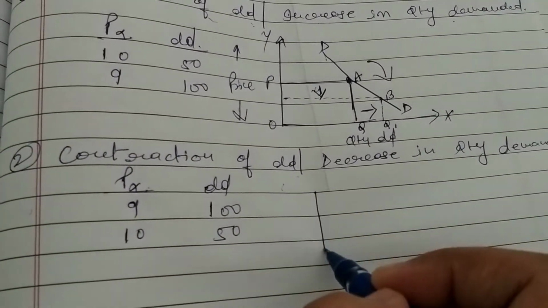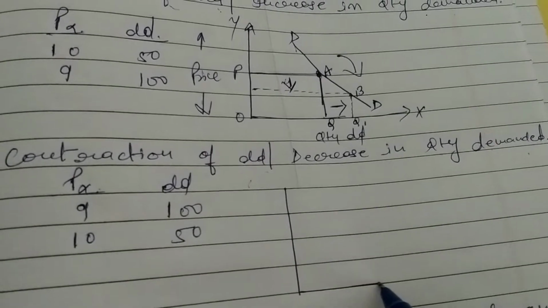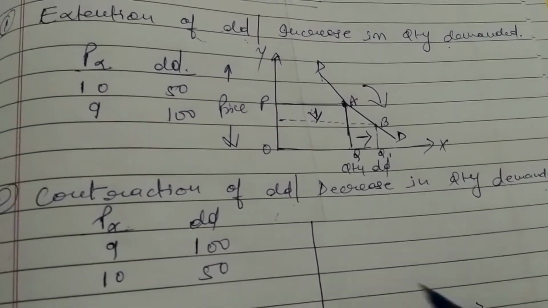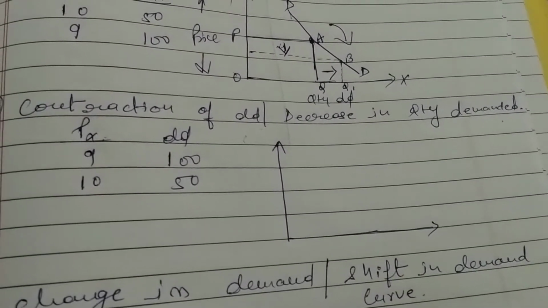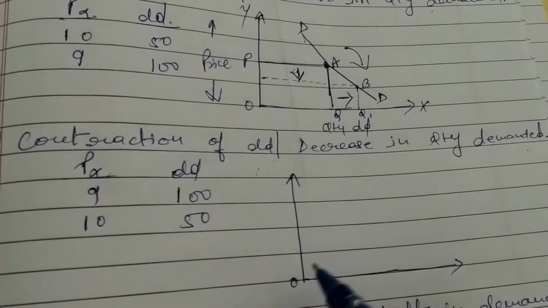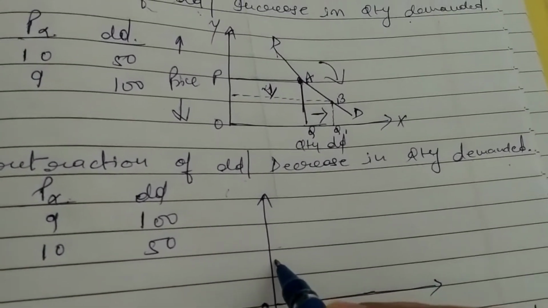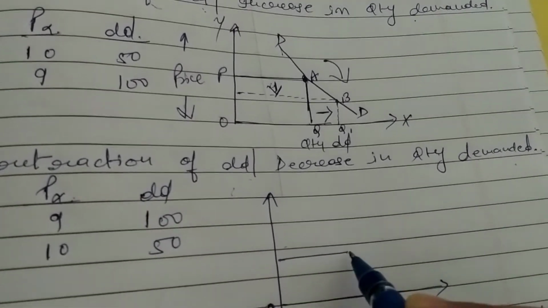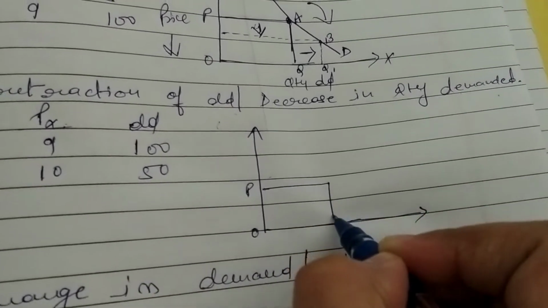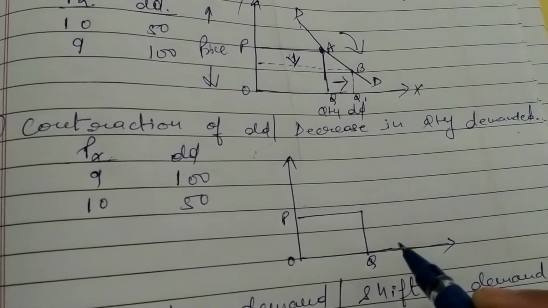So here when we draw the diagram, same on the y-axis we will take price and on the x-axis quantity demanded. So suppose OP is the price and OQ is the quantity demanded.